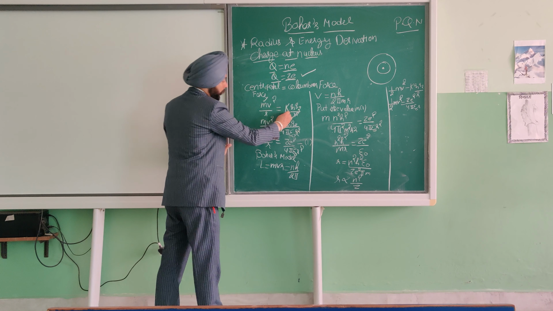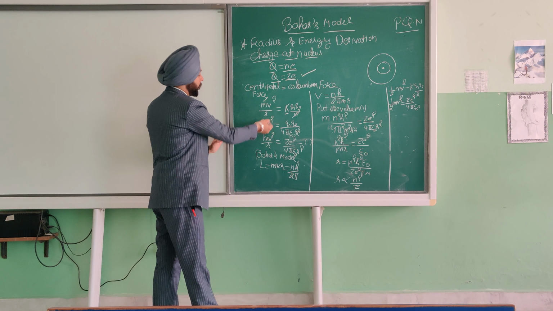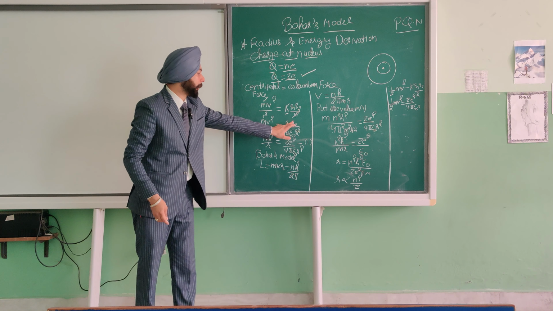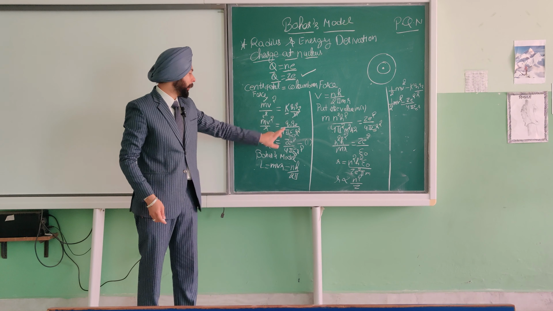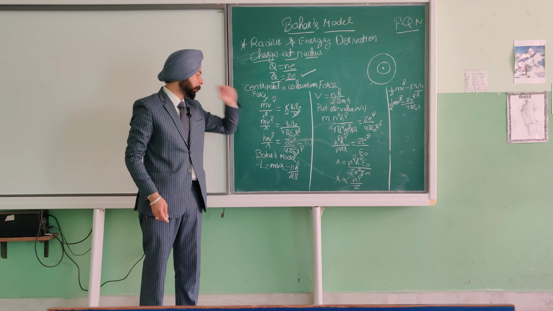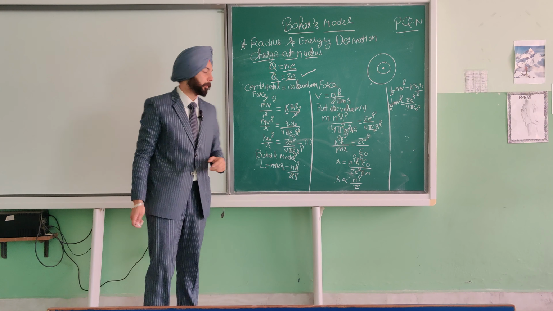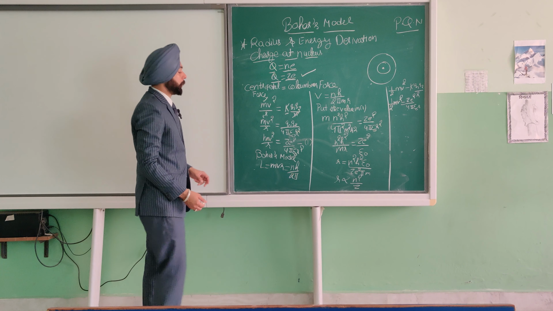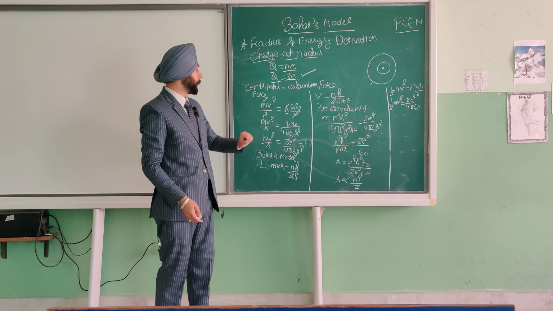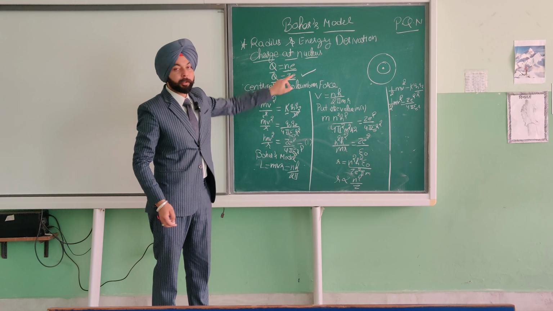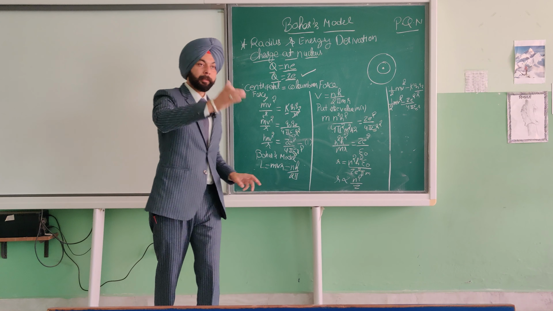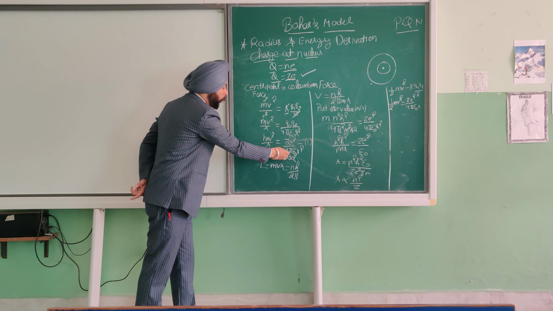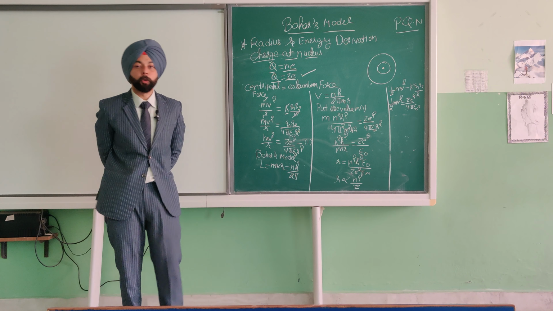Now put the value of k in the next step. mv square upon r as it is, and q1 q2 at the place of k we put 4 pi epsilon naught into r square. Again mv square upon r, where q1 and q2 we take as Ze and e, so we can write Ze square upon 4 pi epsilon naught into r.